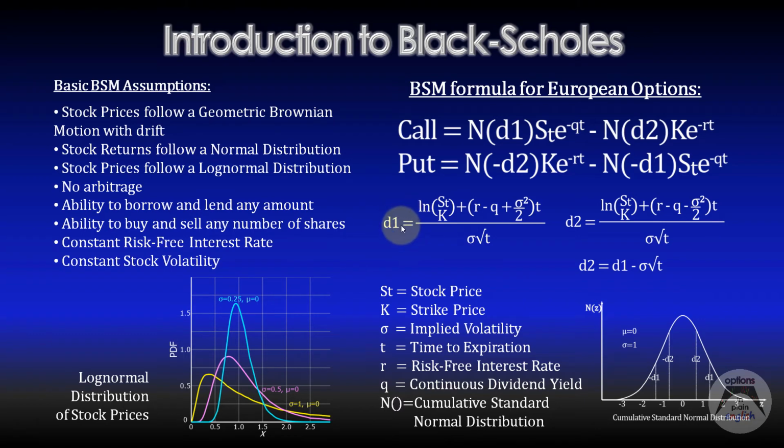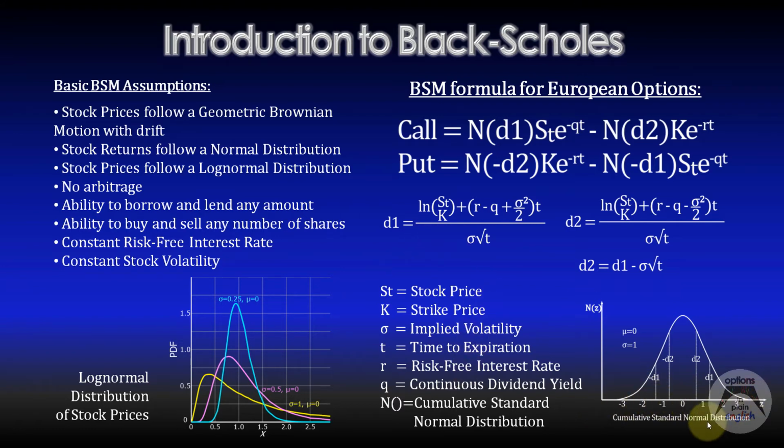Now, once you have the D1 number, you're going to have to evaluate it in a cumulative standard normal distribution function. So what you do here is, because it's cumulative, you take this D1 and calculate the area under the curve from minus infinity up to that point.